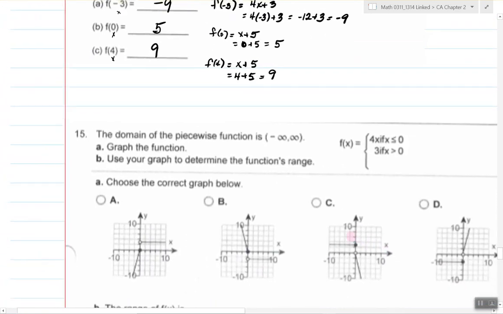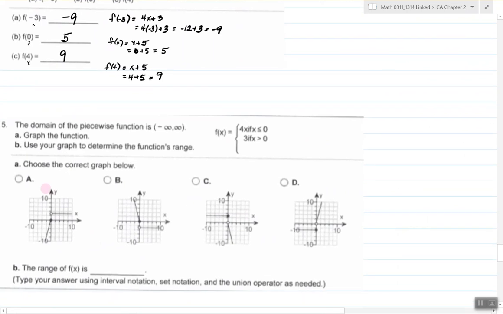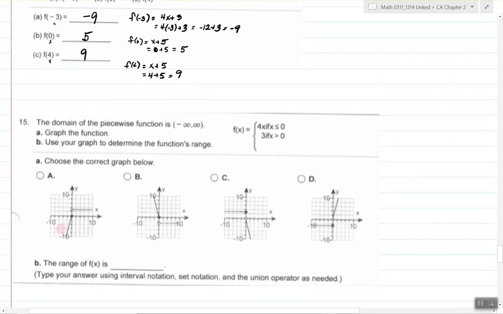Shrink this down a little bit. All right. It says, the full domain of the piecewise function is negative infinity to positive infinity.